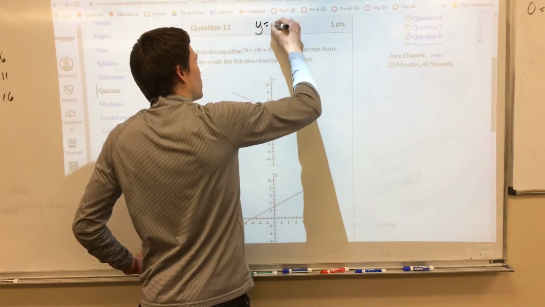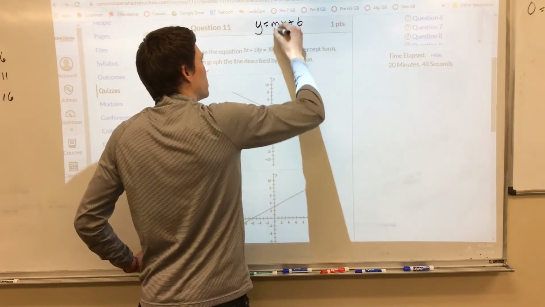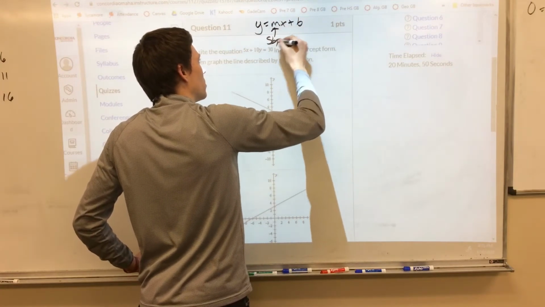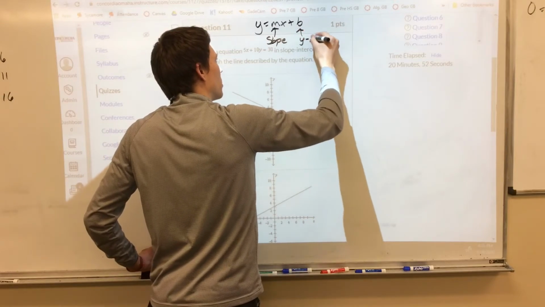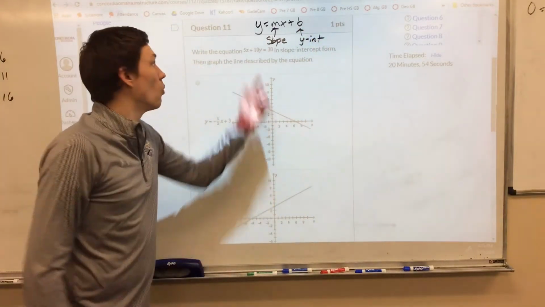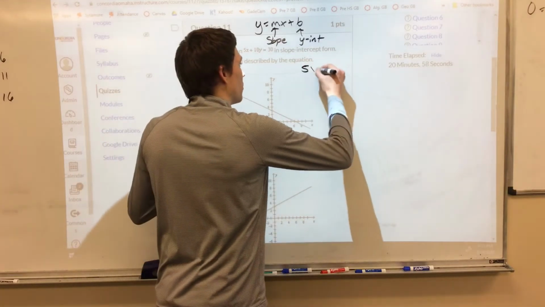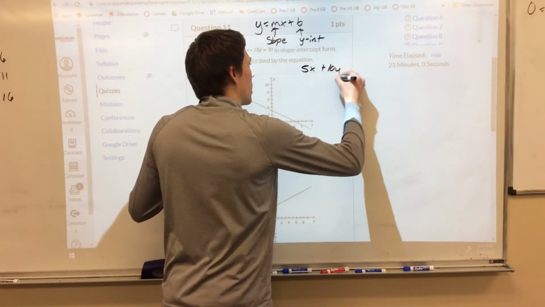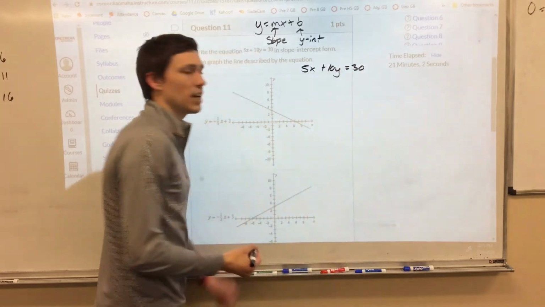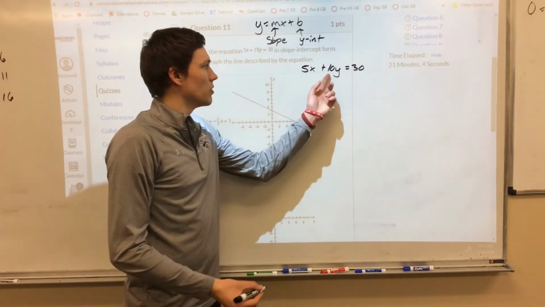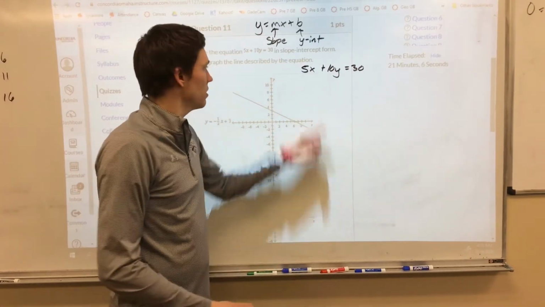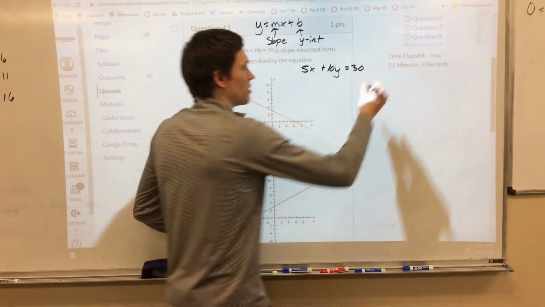Again, y equals mx plus b. m is my slope, b is my y-intercept. So in other words, I need to get y by itself. So if it's 5x plus 10y equals 30, how do I get y by itself? Well, first of all, it's being multiplied by 10, and it's being added to 5x.